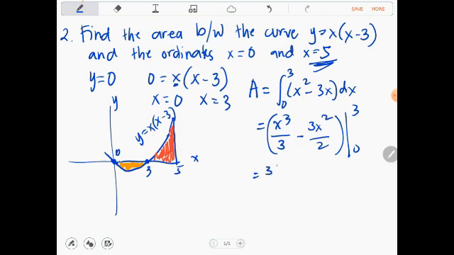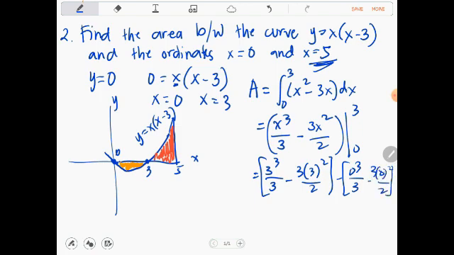So, 3 cubed all over 3 minus 3 times 3 squared all over 2 minus 0 cubed all over 3 minus 3 times 0 squared all over 2. So, ganun yung ating manual solution for that. And this will give us the value of mixed fraction pala to, no? So, this is negative 4 and 1/2 square units.